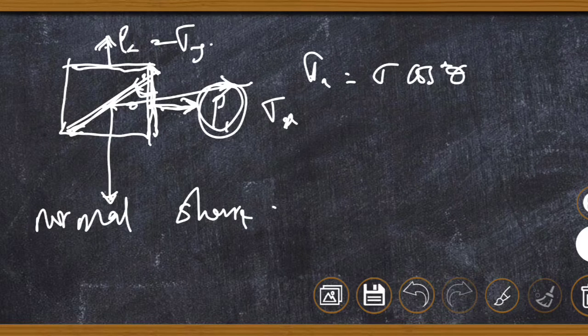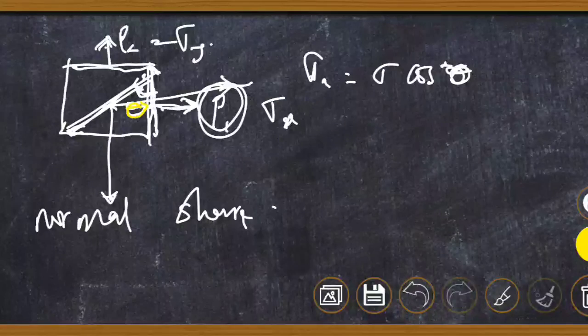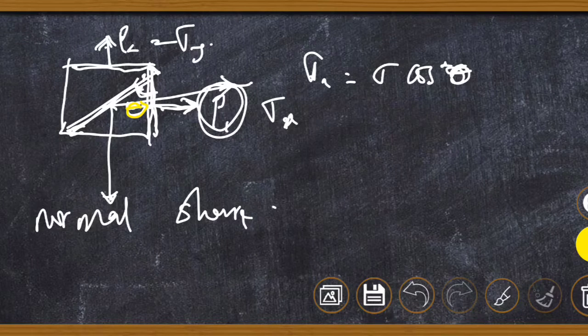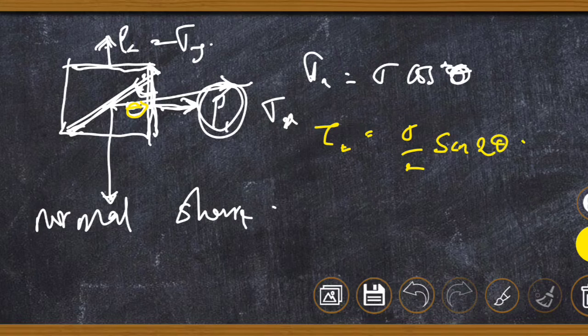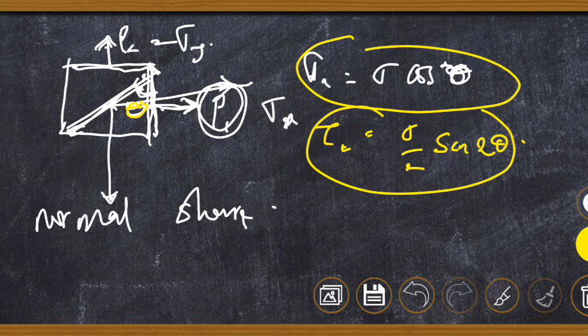Please don't forget, the angle of inclination in this case is my angle theta that is here. So the angle of inclination is angle theta that we have in this place here. While my shear stress, which is your tangential stress, should be equal to your normal stress over 2 times sine of 2 theta. Now, this is my shear stress, while this one is my normal stress that is acting on the body.